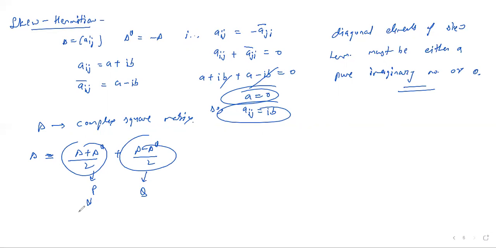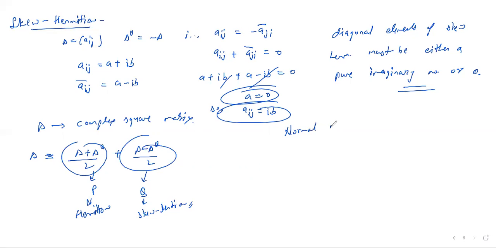P is Hermitian, and Q is skew Hermitian. So that's how we can represent a complex square matrix A in two parts, a Hermitian and a skew Hermitian matrix. Similarly, we can represent a real square matrix into symmetric and skew symmetric matrices.